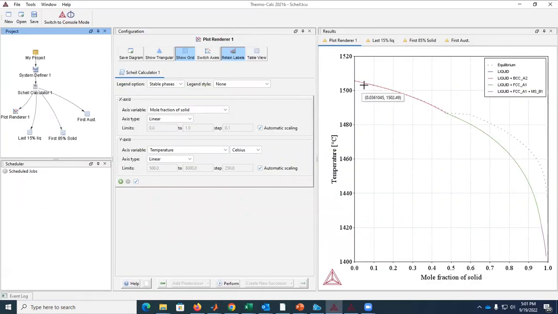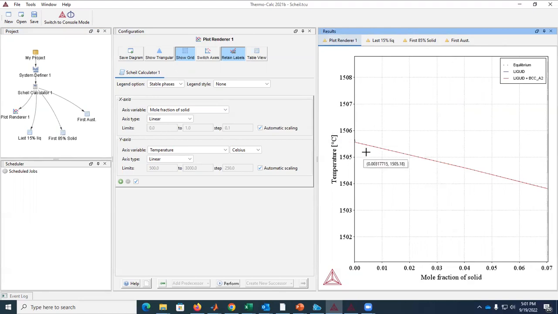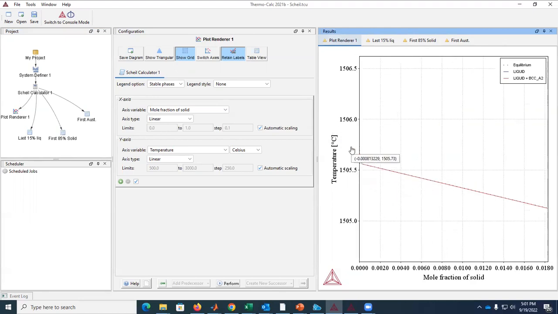The solidification range goes from the melting point of the material. You can zoom by just clicking and dragging in this window, and you can see your melting point here. You'll see some deviation here, probably coming from the numerical result. But you can see that the melting point is around 1505 Celsius.